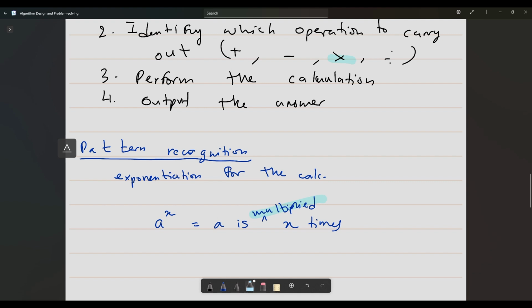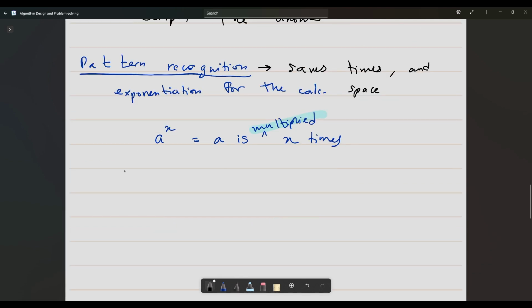That is one of the major advantages of pattern recognition. This saves time and space. We don't need to rewrite another algorithm for this, right? Speaking of algorithms, we're going next to algorithms. Let me just give you an introduction.